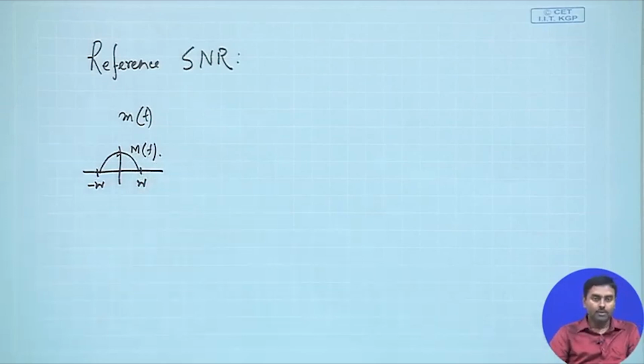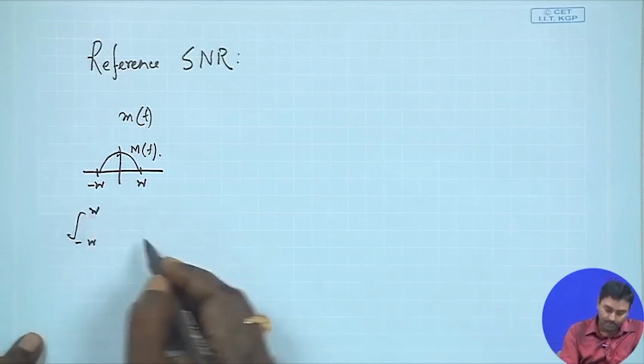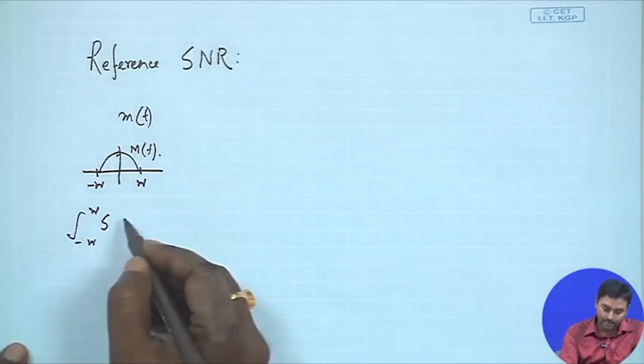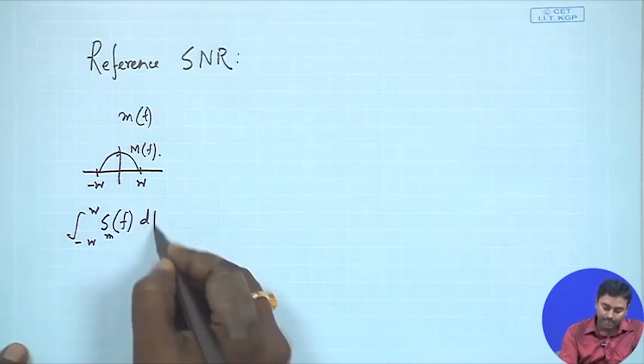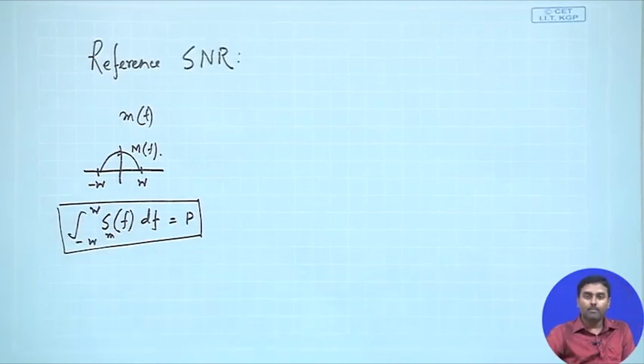We also know that if the corresponding power spectral density is S_M(f), and we integrate from minus W to plus W, we get the power P. So, this is the overall power of the message signal that will be received at the receiver.